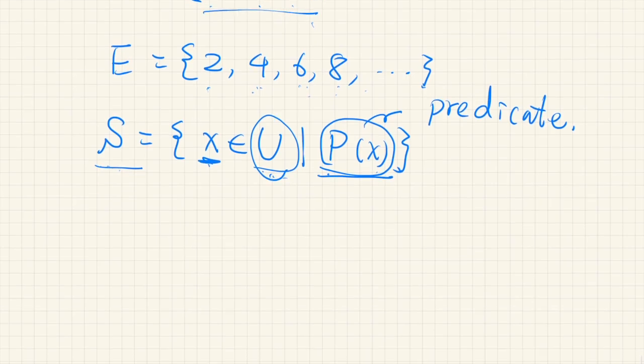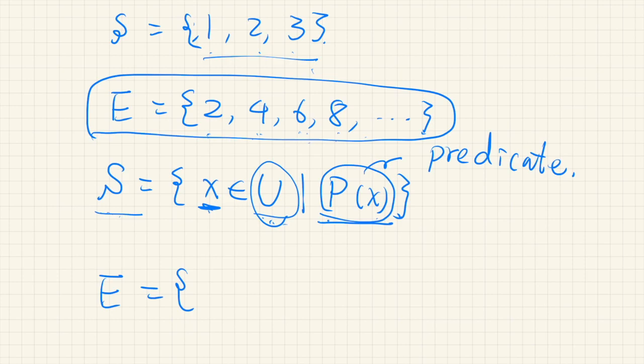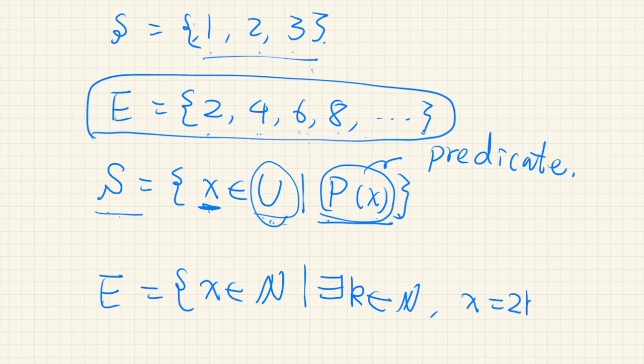For example, instead of defining the set of even natural numbers by listing, we can alternatively write the same thing like this. x is an element of the natural numbers such that there exists some k, which is a natural number, such that x is equal to 2 times k.